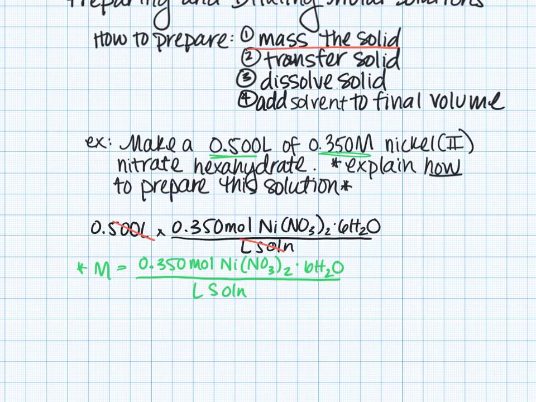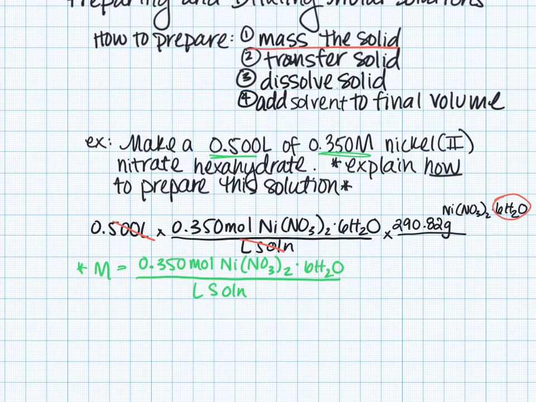Well, right now I have moles of the solid if I were to compute this. So I'm going to calculate the molar mass of nickel(II) nitrate hexahydrate, which I've already done, so I'm just going to put that down for you. 290.82 grams of nickel(II) nitrate hexahydrate. So for those of you who are wondering, yes, the hexahydrate right here does get added into the molar mass.